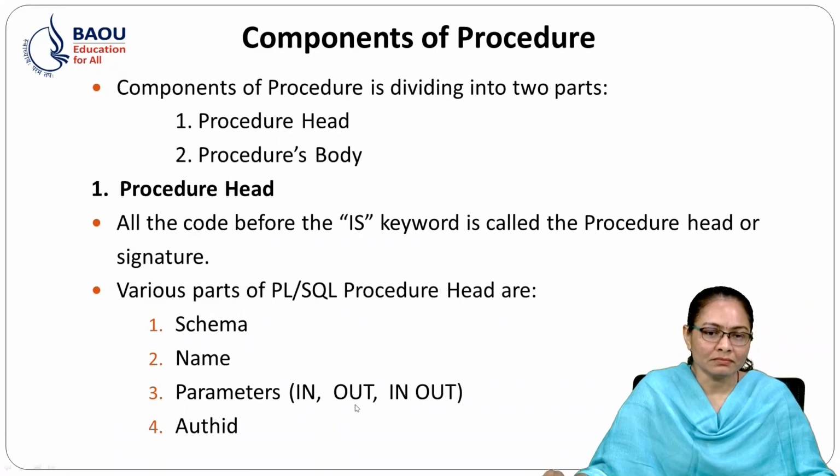Now, AUTHID. This is also an optional parameter. It defines whether the procedure will execute with the privileges of the creator and definer of the procedure or with those of the current user.